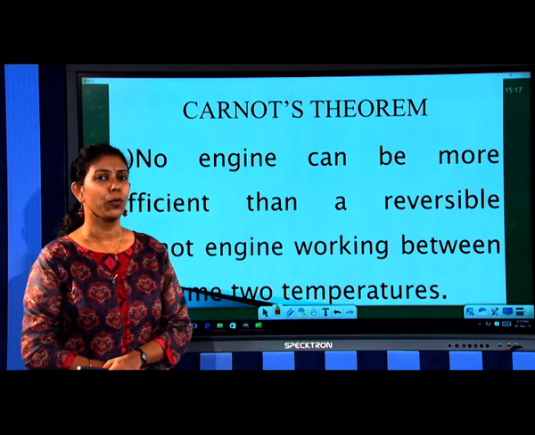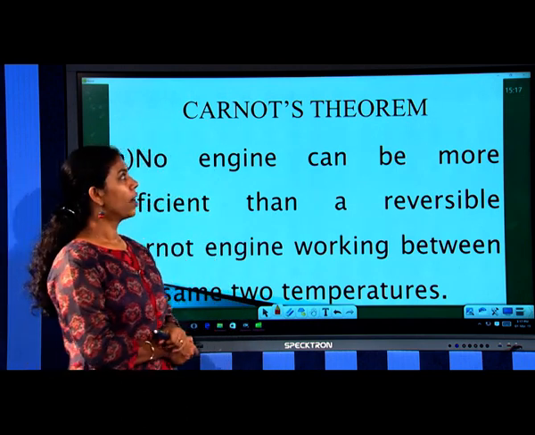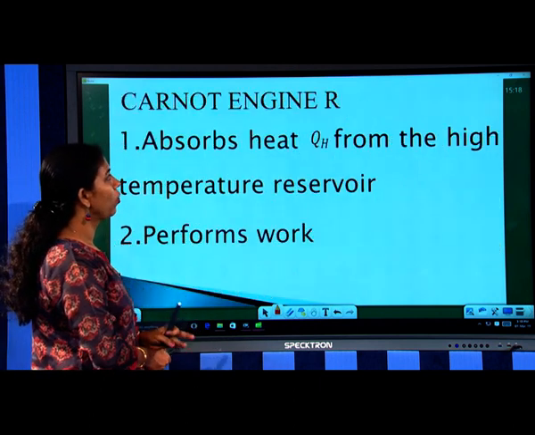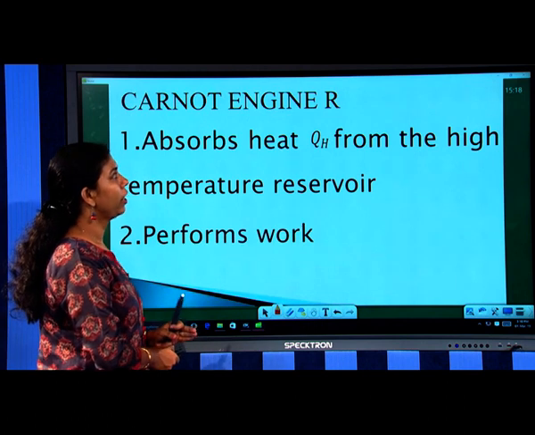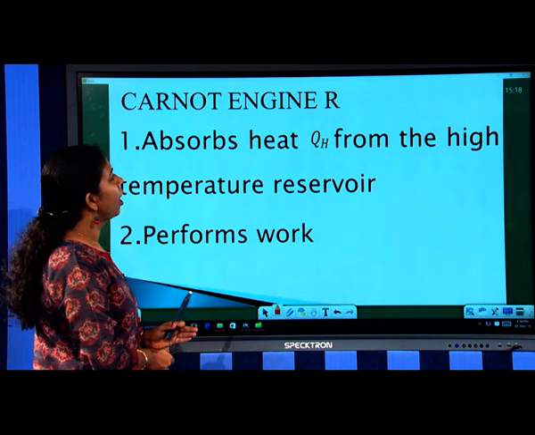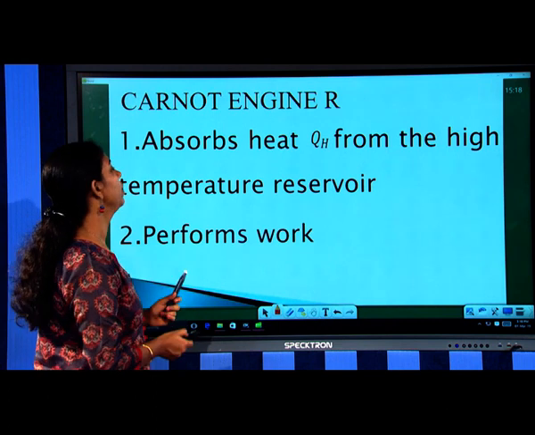In order to prove Carnot's theorem, consider two engines. One is a Carnot engine R, and the other is an irreversible engine I. Here the Carnot engine is a reversible engine.